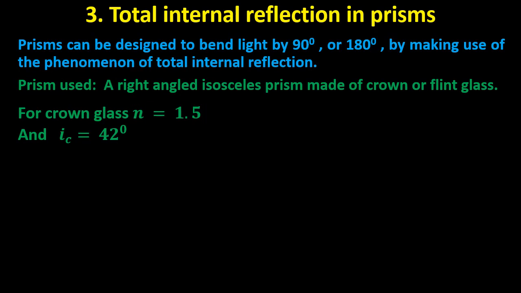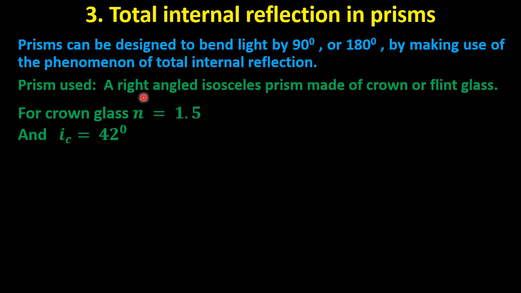Now let us discuss the third important application of total internal reflection of light. In this third application, we will discuss how to bend the light by 90 degrees or by 180 degrees. For that we use the help of a prism.